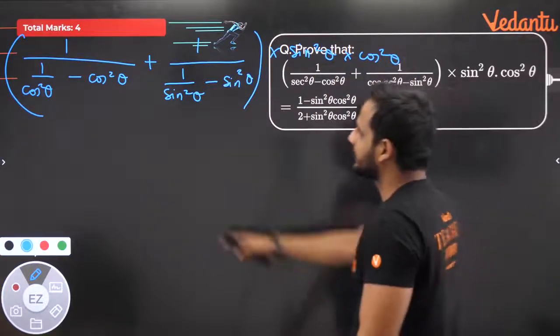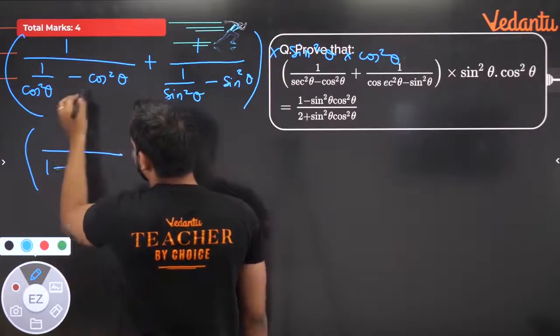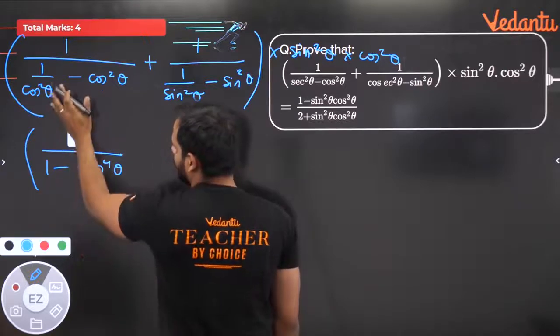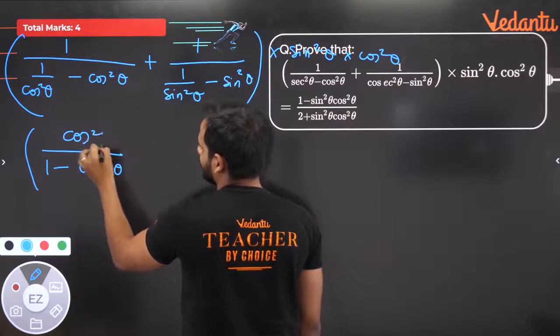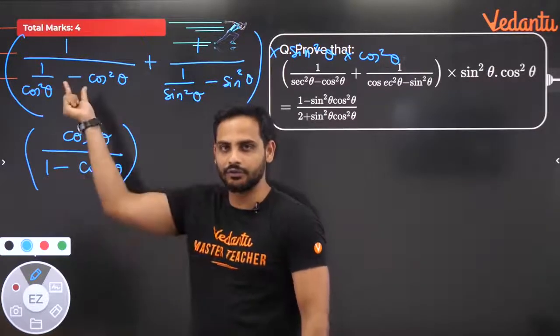Okay, here take LCM, so you will be left with 1 upon 1 minus cos square theta into cos square theta is cos raised to the power 4 theta, divided by cos square theta will go in the numerator, cos square theta. Okay, देख लो यहाँ पे भाई, this cos square theta which is in denominator will be moving up.